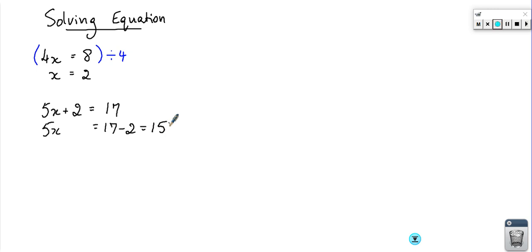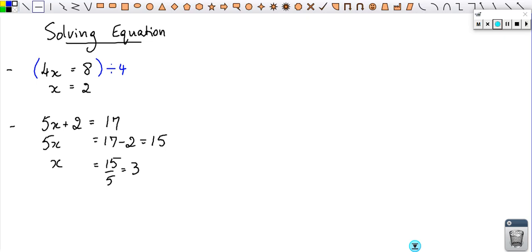So now I have 5x equals 15. So x is 15 divided by 5, which is 3. So that's another simple linear equation which we have solved. So we have 2 examples till now. Let's find another example.